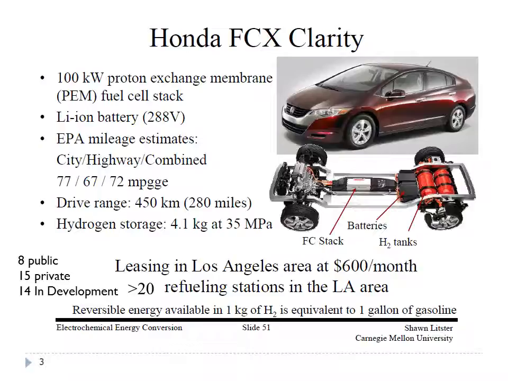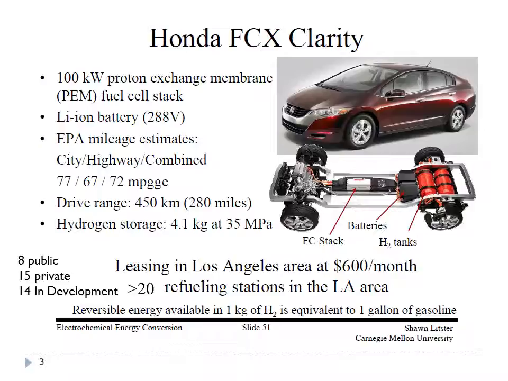The storage tanks themselves weigh a lot more than 4 kilograms. I don't know the exact specifics, but typically the weight ratio between hydrogen and the rest of the storage device is about 5%. So if it's about 4 kilograms, we're talking probably on the order of 80 kilograms of actual weight for the storage tank itself.